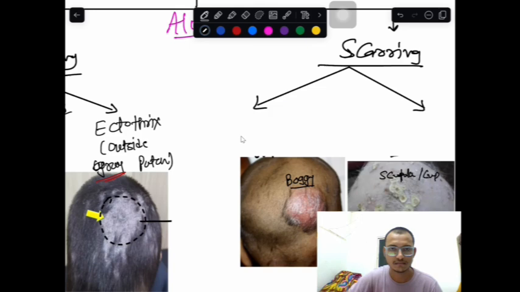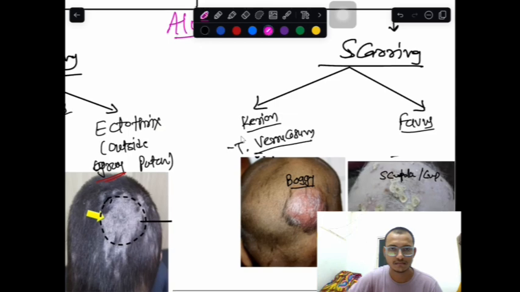So we will call it kerion, and this one is favus, cup-shaped. Which are the species? This is the verrucous lesion, so it's Trichophyton verrucosum.